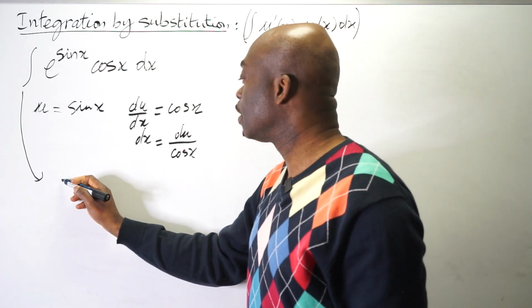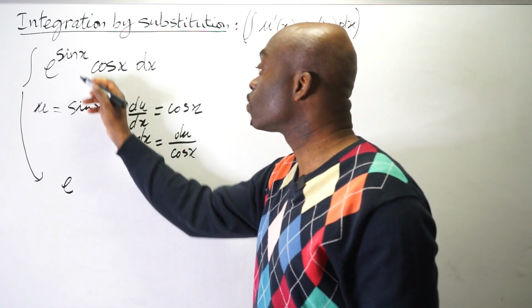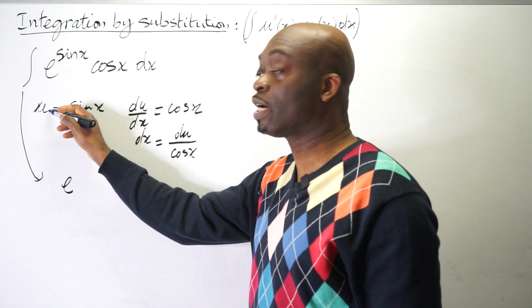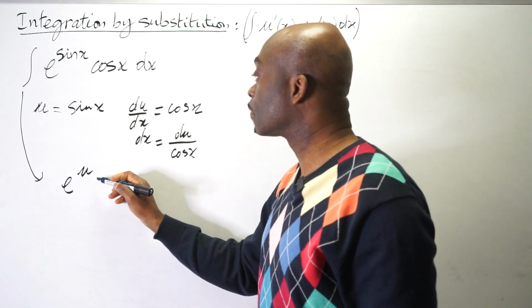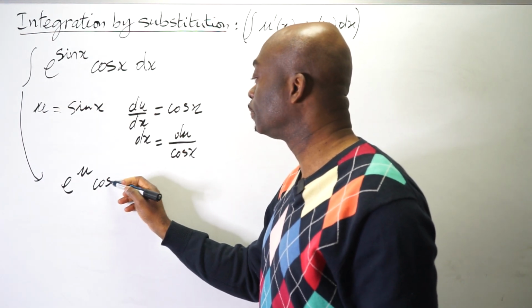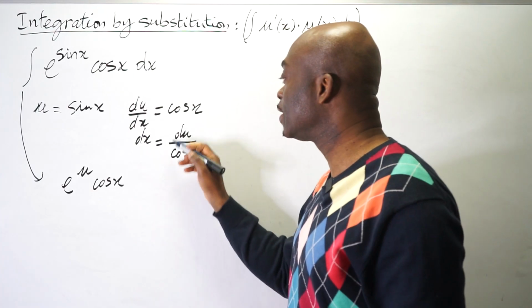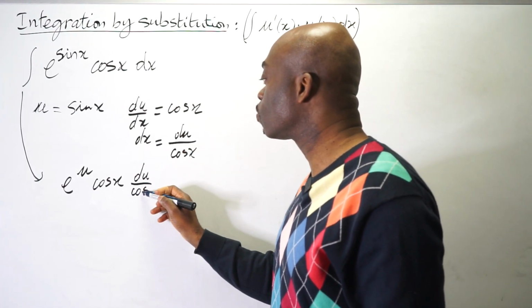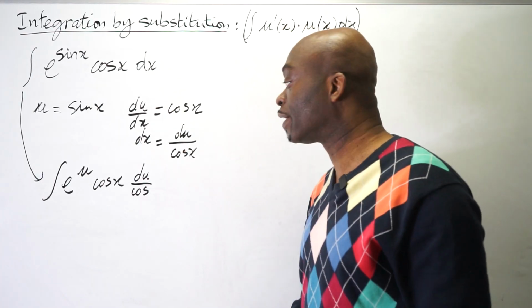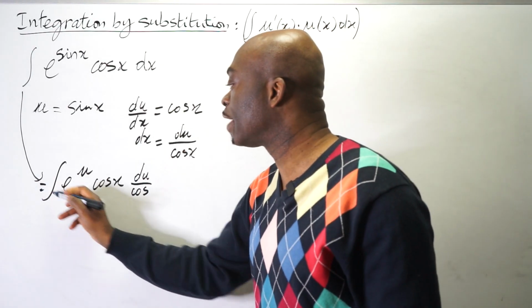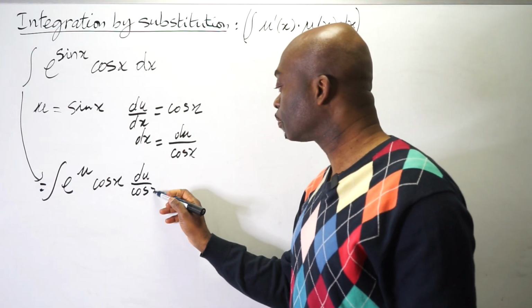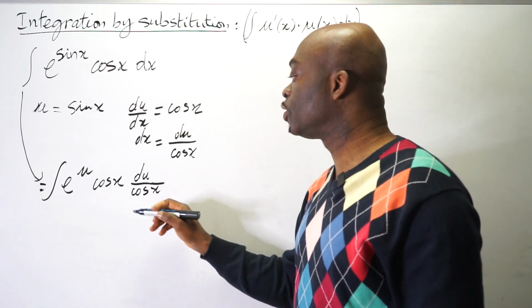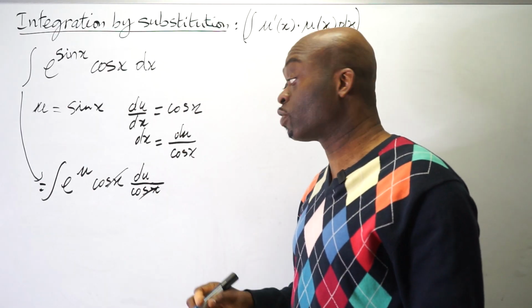So we have exponential, and sine x becomes u. And then cosine x is there. And then dx is what? dx is du over cosine x. The integral of that. Okay? So once we have this, what can we do? We can simplify cosine x.